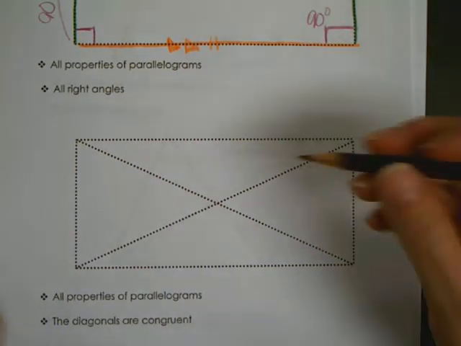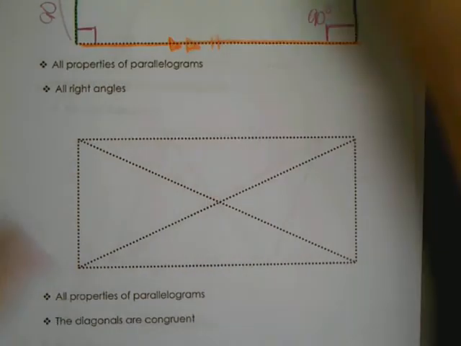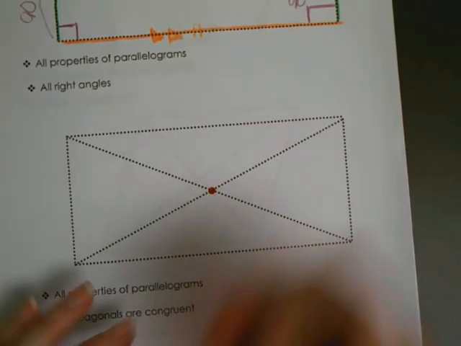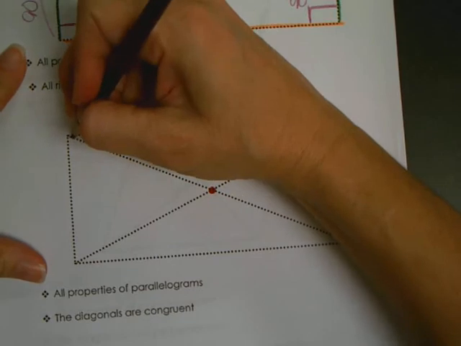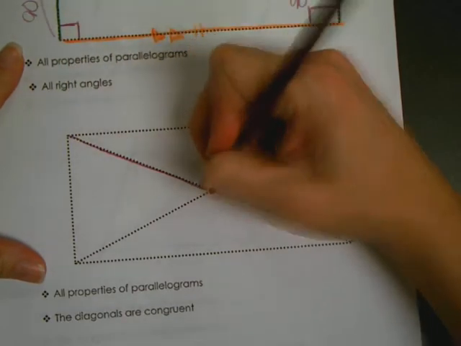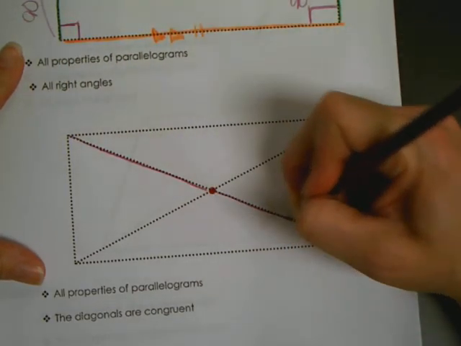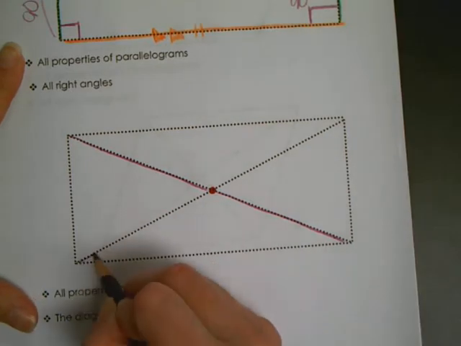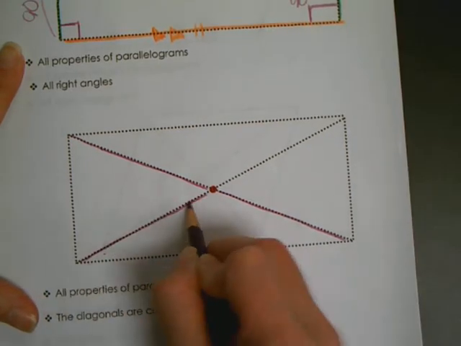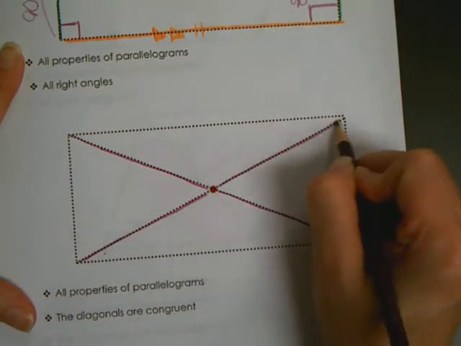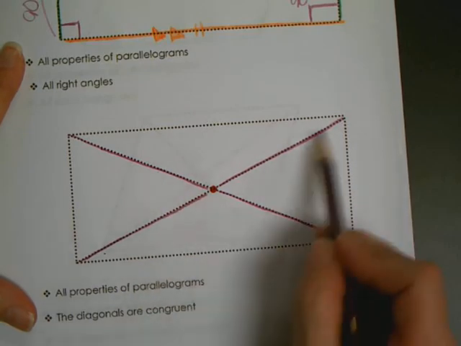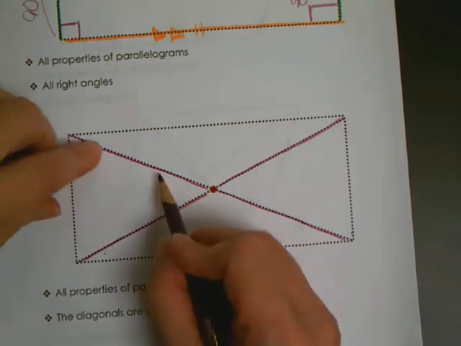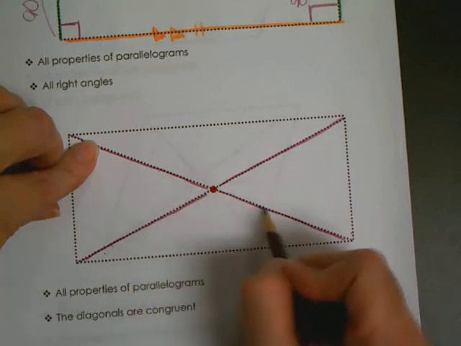Okay, I'm going to go ahead and color code these. I'm going to put the midpoint in right here. And then this portion of the diagonal is congruent to this one. And I'm going to use the same color because this portion is congruent to this one. And if our diagonals are the same length, then when they bisect each other, each one of these segments is the same length.